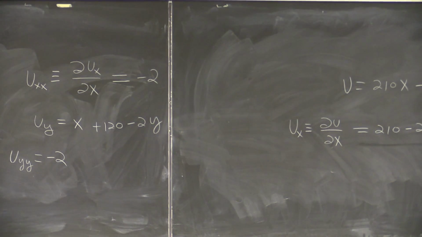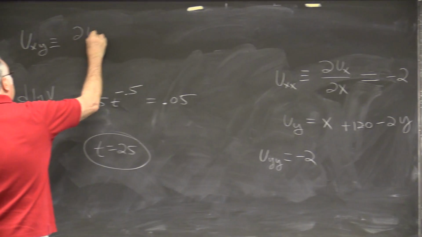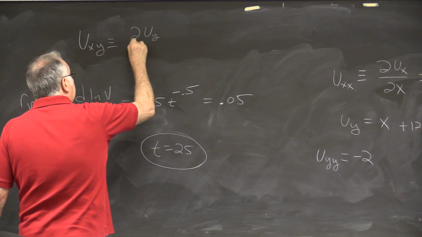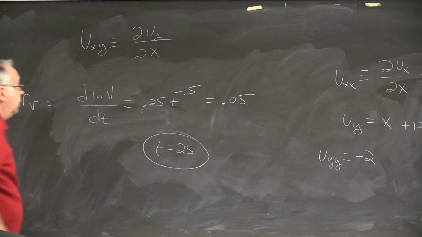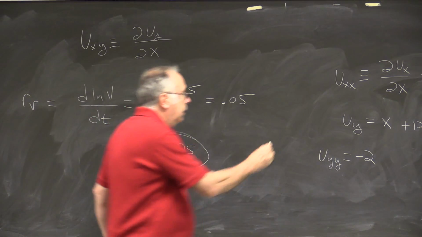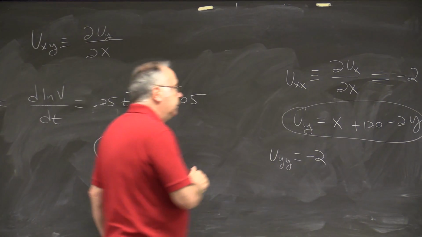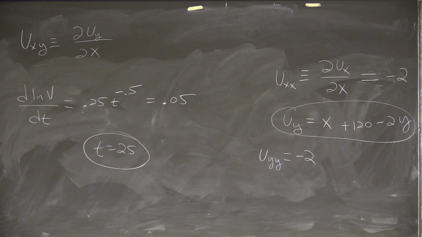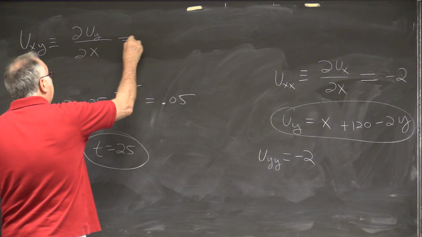This is a cross partial derivative. By definition, this is partial u_y divided by partial x, or u_y differentiated with respect to x. That's a cross partial derivative. We've got u_y here. So u_xy is what? Mathematically, u_xy will be 1.